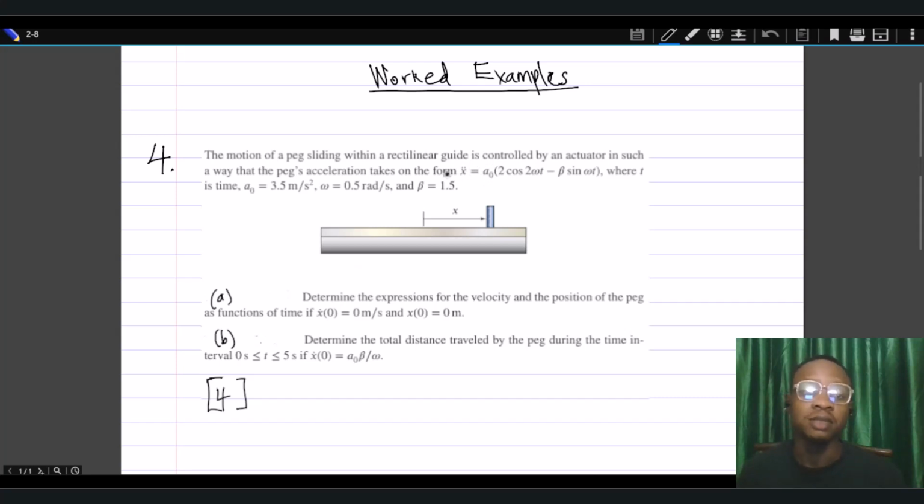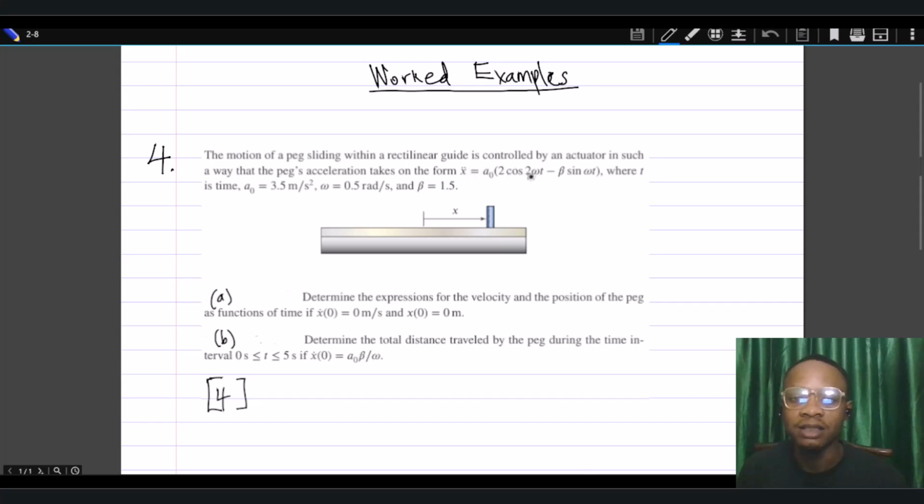So dot dot simply means second derivative with respect to time. When you see dot in the context of the problems we are considering here, it implies derivative with respect to time. So dot dot implies second derivative with respect to time, just as x dot would have implied first derivative with respect to time, which is velocity. Okay, so it tells us that the acceleration of the body is of this form.